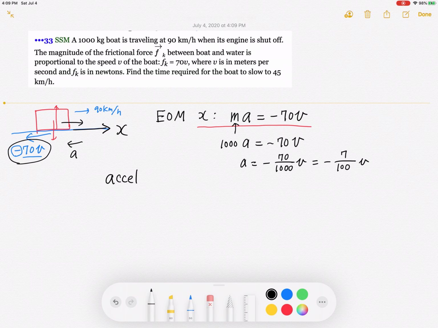acceleration is defined as the time differential, time derivative of the velocity, right? We sometimes write like this.